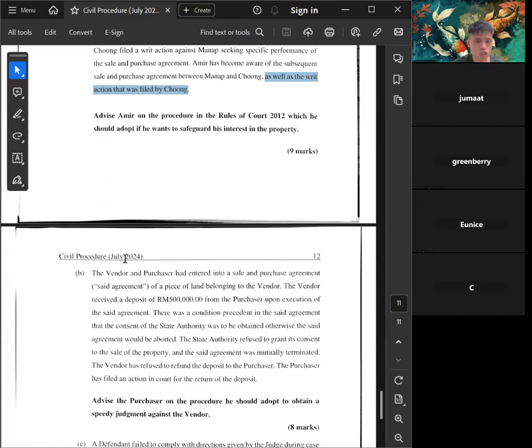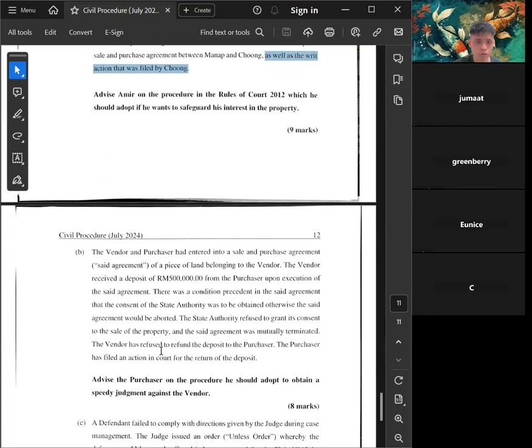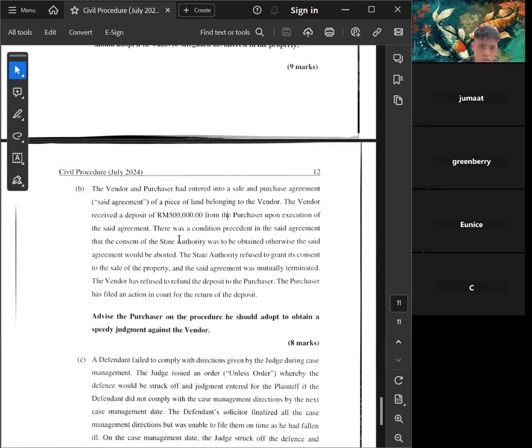All right. So we move to question B. Vendor and purchaser enter into a sale and purchase of a piece of land belonging to the vendor. The vendor received a deposit of 500,000 from the purchaser upon execution of the agreement. There was a condition precedent in the agreement that consent of the state authority was to be obtained, otherwise the agreement would be aborted.